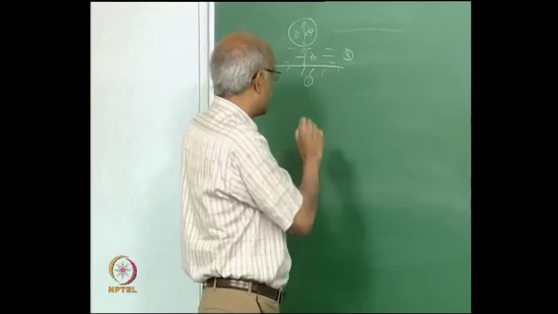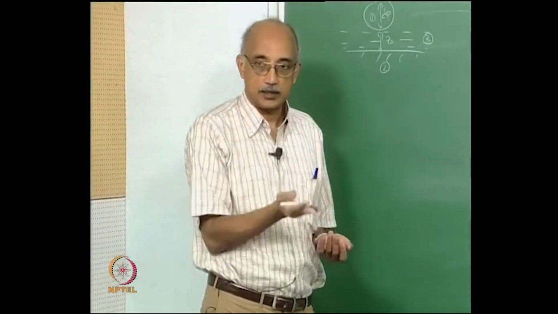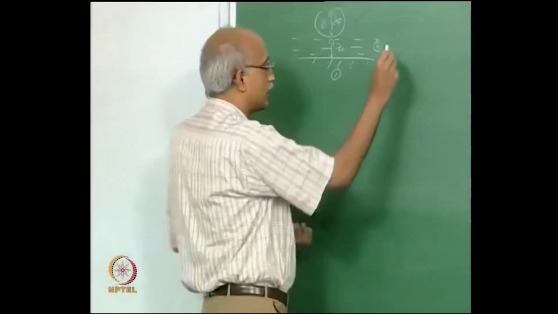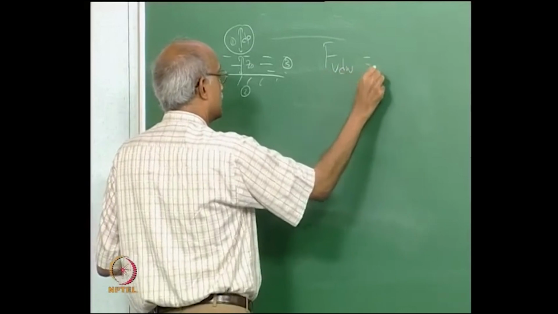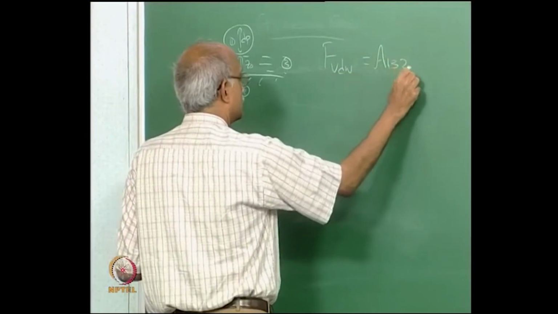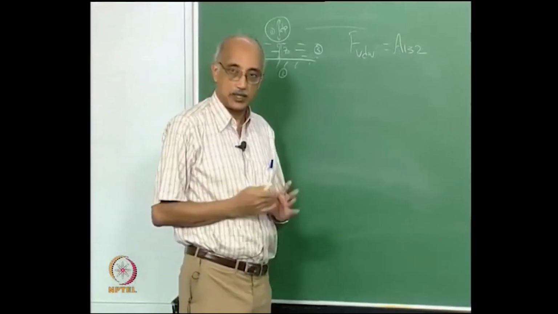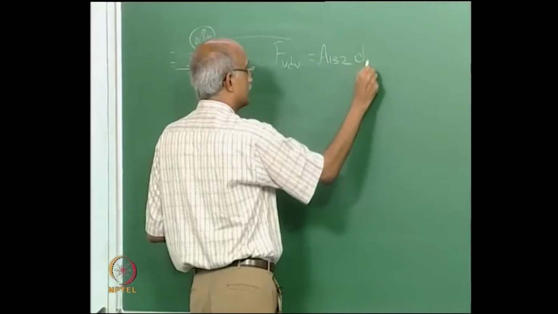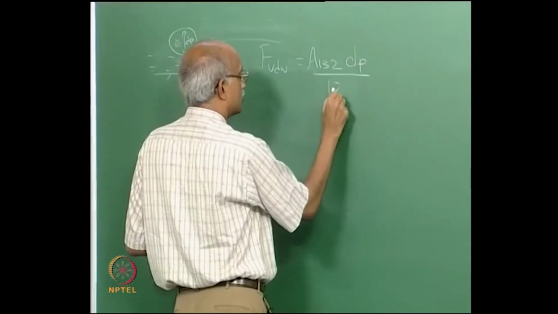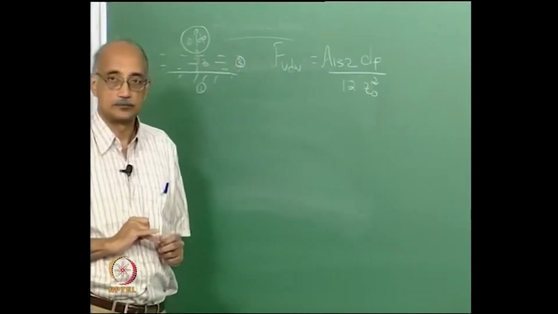For this particular geometry of a spherical particle in near contact with the surface, the corresponding van der Waals force is given by A132, which certainly appears again in this equation, times dp divided by 12 z0 squared.